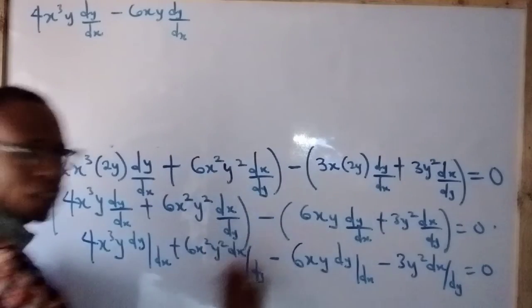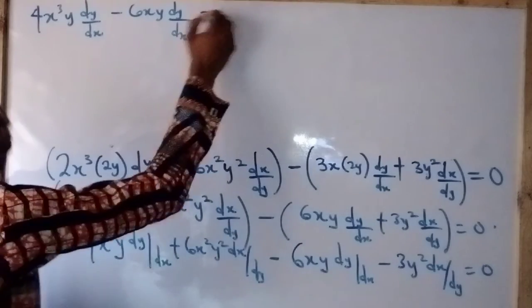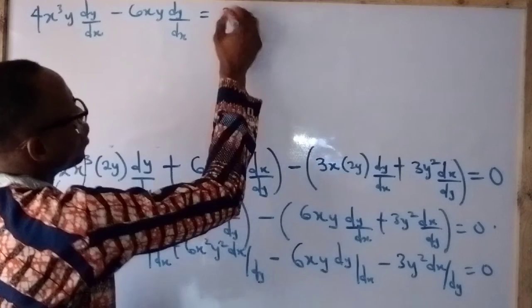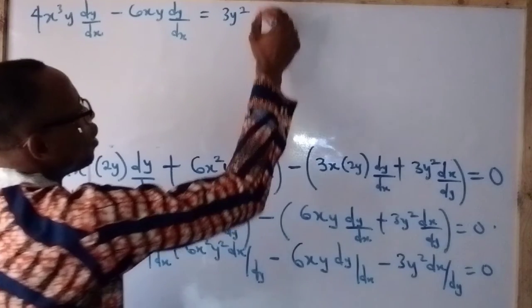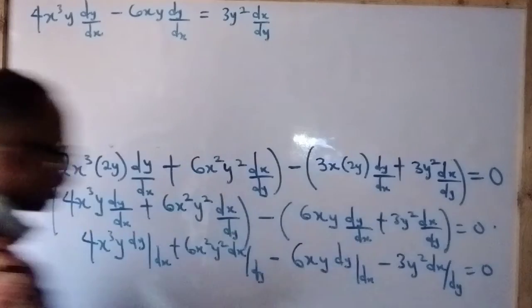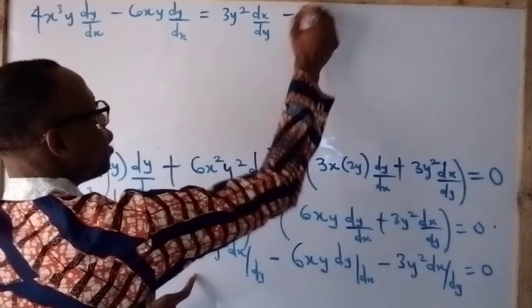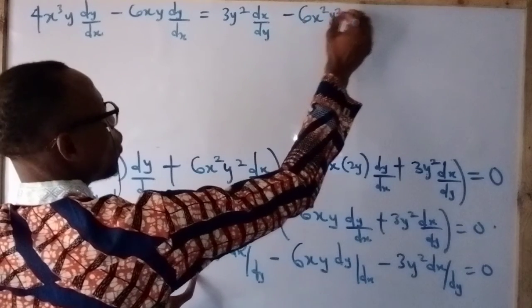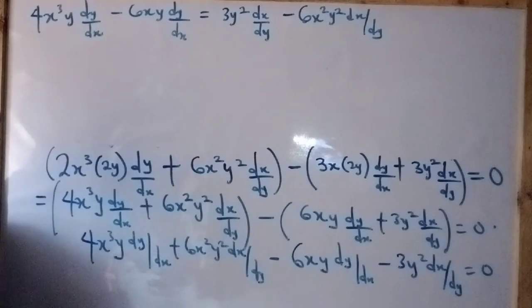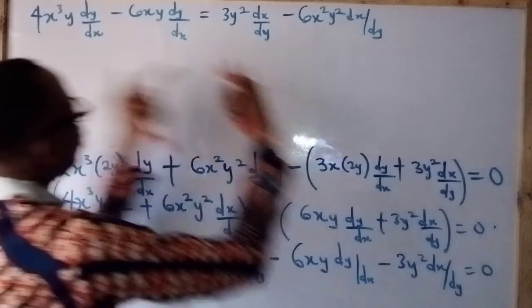This is plus and this is minus. So we can bring this one first. That's going to give us 3y squared dx/dx. So this is coming to the other side. That becomes minus 6x squared y squared dx/dx. As you can see, I've brought the dx/dx together and the dy/dx together.